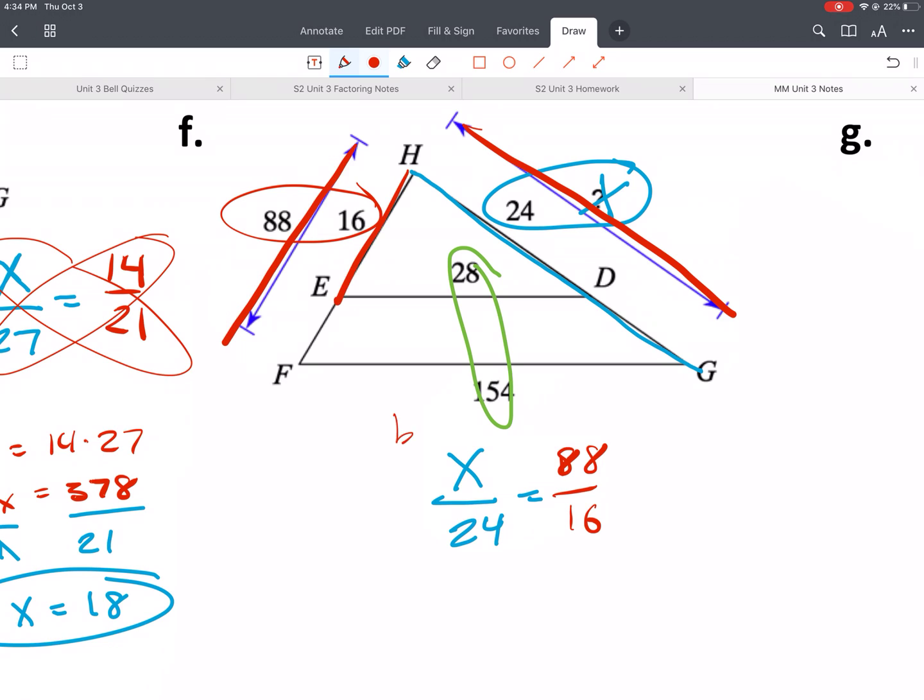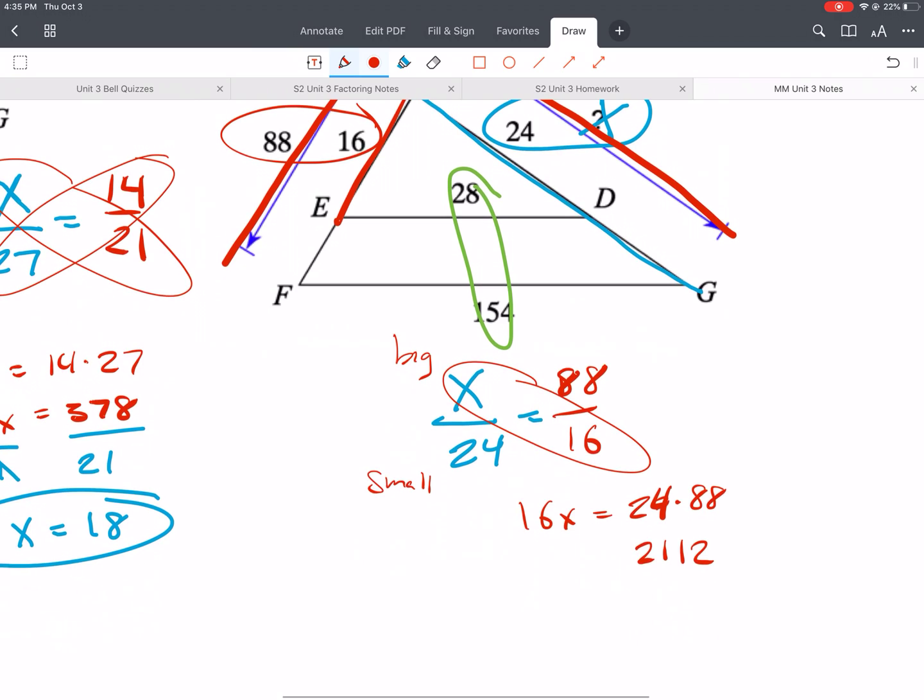So this would be our big, this would be our small. Okay, small, big. Got it? So then we do our cross multiplication. 16x is equal to 24 times 88. 24 times 88 is 2112.